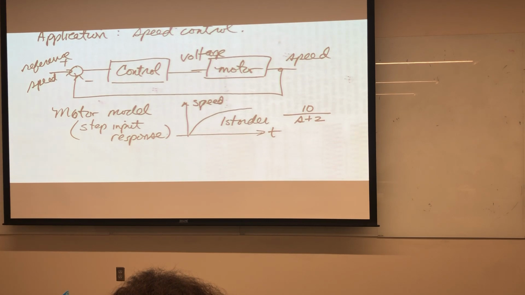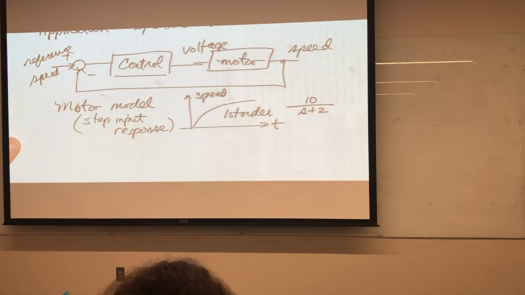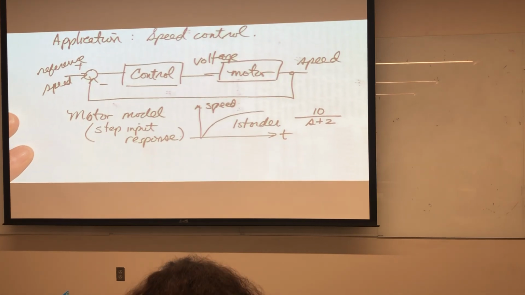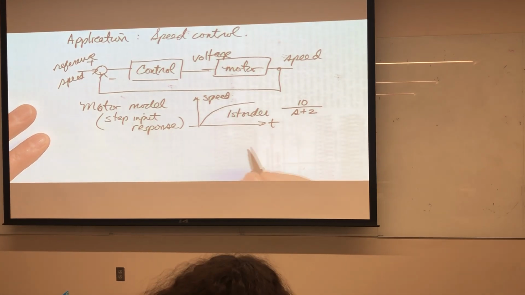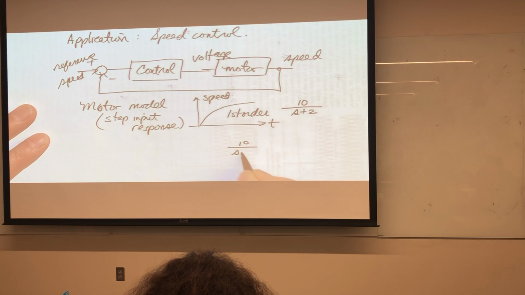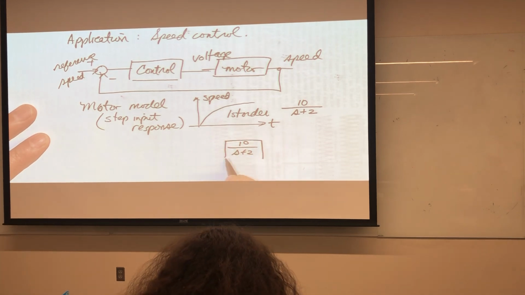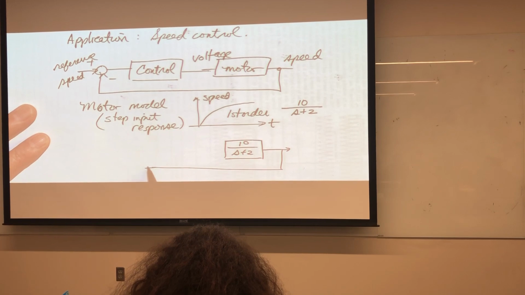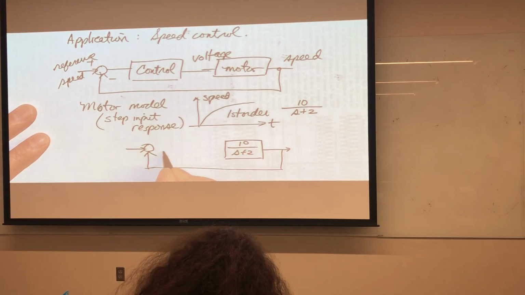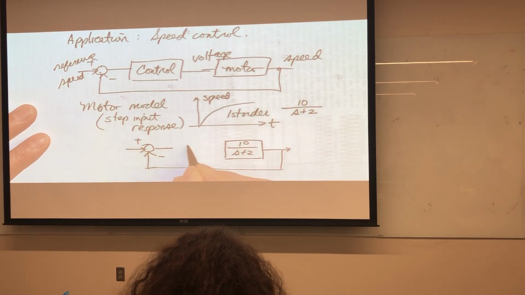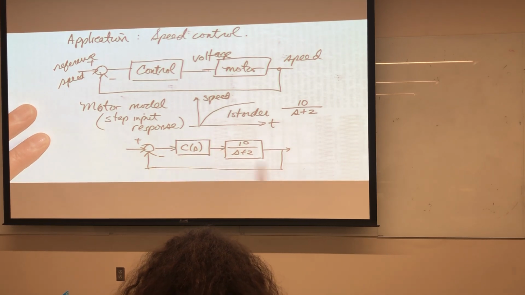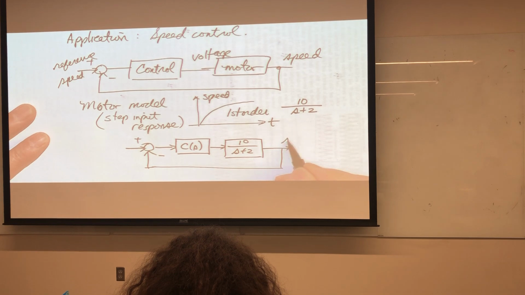Now, if we take a look at the model now, and redraw and insert this, we have 10 over s plus 2. And then we want to put in some sort of compensator here so that we get the desired response in the system. So here's speed, and here's the desired speed.